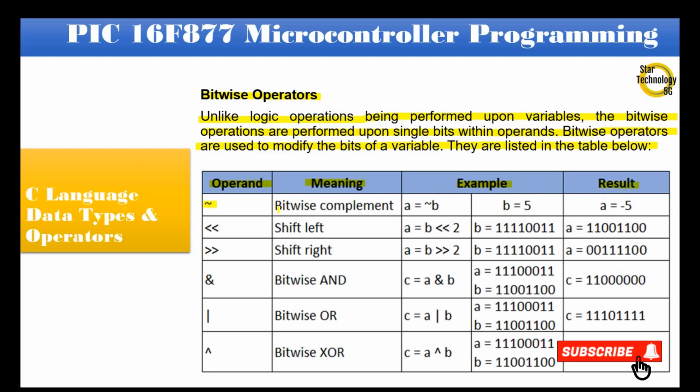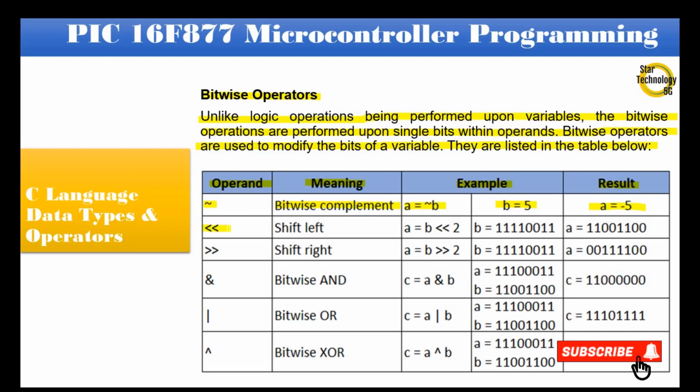Operand: tilde, meaning bitwise complement. Example: A equals tilde B. If B equals 5, it will invert the value of B and save into A. Result is A equals -5.